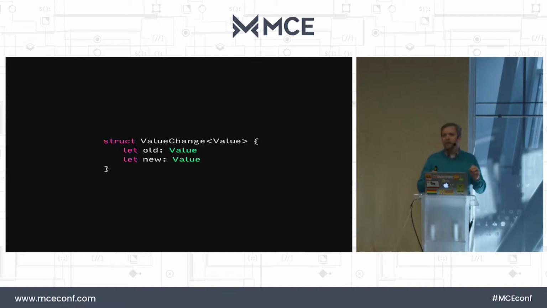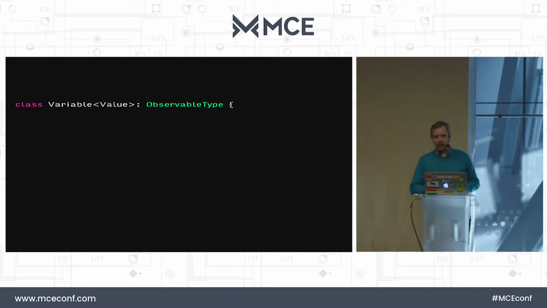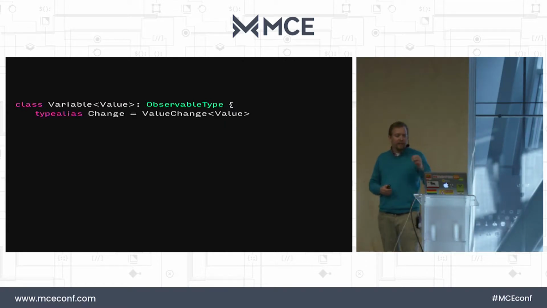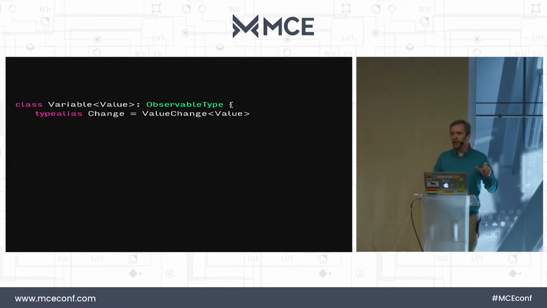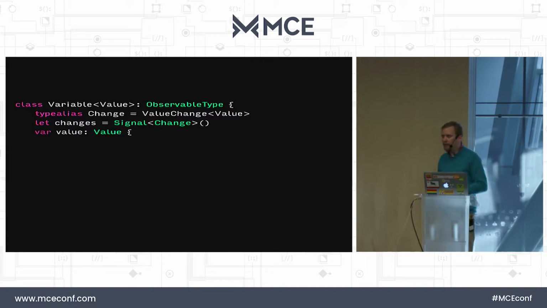Let's create a concrete implementation of this observable value protocol. The construct I'm building here, I like to call it a variable because it holds a value and we will be able to mutate it to whatever value we like to give it. So a variable is an implementation of observable type. In this case, we are using this simple change structure as a change description. We need to create a signal to be able to broadcast updates, and we need to create a value property, which in this case will be a simple stored property of type value.